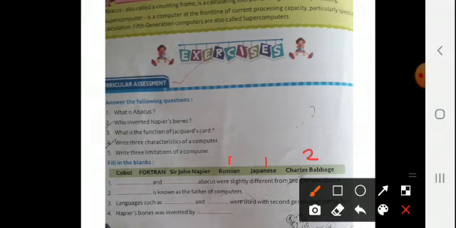Charles Babbage. Then languages such as dash and dash were used with second generation computers, that is Fortran and COBOL. Here it is given. Now see, fourth one: Napier's bones was invented by Sir John Napier. This is fourth one. Okay, you can write them.